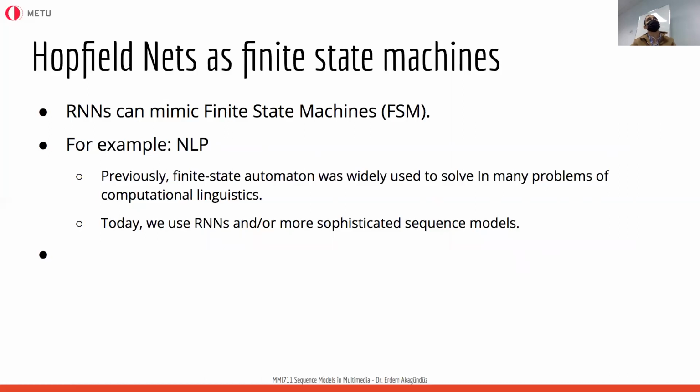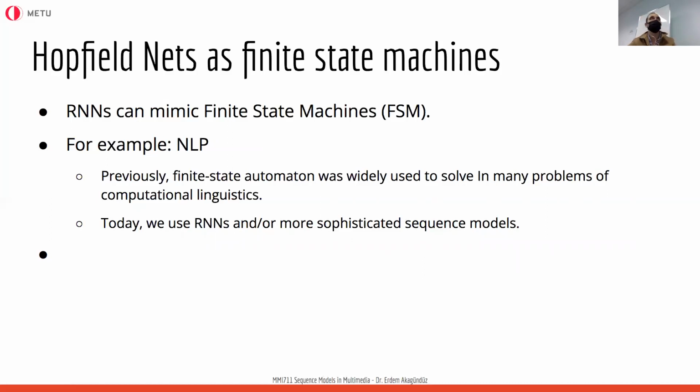About RNNs mimicking finite state automata, for example in natural language processing: previously, before the world of deep NLP, because today language translation is being worked on with very different architectures like transformers, and transformers in their encoders don't have recurrent connections.